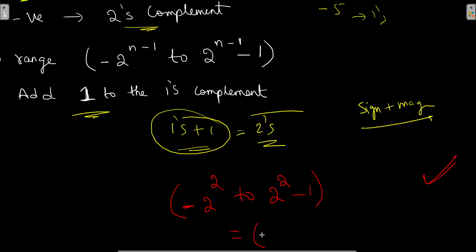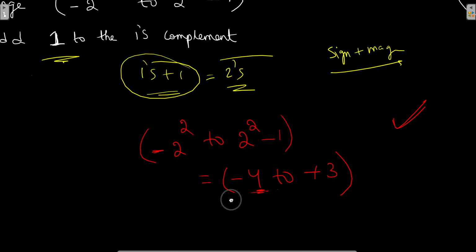That will be minus 4 to plus 3. That is the range. Here 1 value is increasing because for 0 a single representation is possible. For negative 0 representation is not there. So that's why an extra value is added in the range. That's the difference in 2's complement.